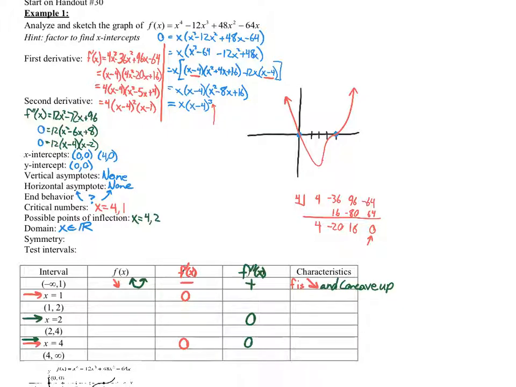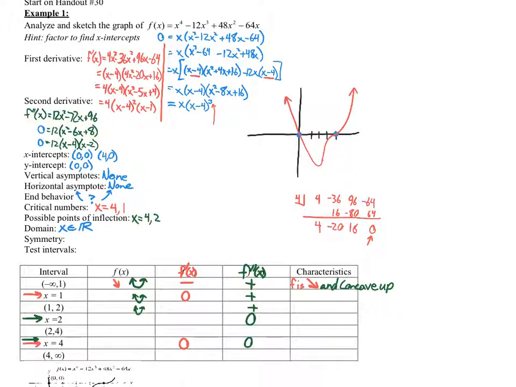Now, here's the thing. The intervals for concavity are different than the intervals for increasing and decreasing, right? So this positive is going to continue all the way until we get to where x equals 2.